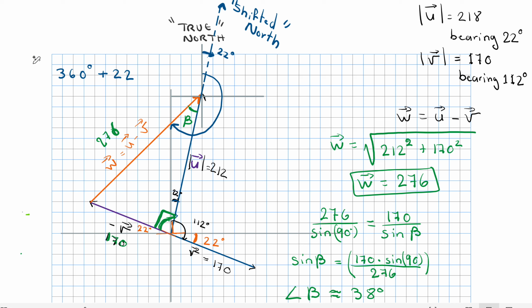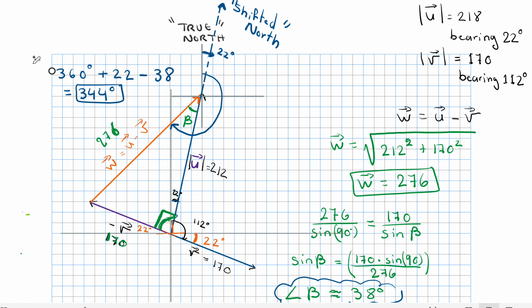I had it shifted, so that was lost. And then minus my beta angle, because this is what my full rotation minus that, right? So minus my beta angle, which should be 38 degrees. And when I do that, I get 344 degrees. And that should be your bearing for vector W.